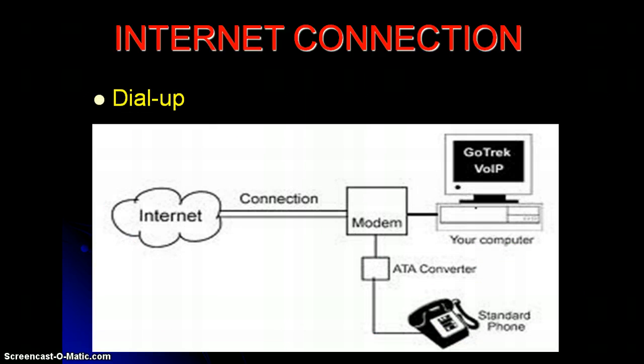So, the first technology is dial-up. Dial-up connection is also called analog. It is both economical and slow. Using a modem connected to your PC, users connect to the internet when the computer dials a phone number which is provided by ISP and connects to the network.